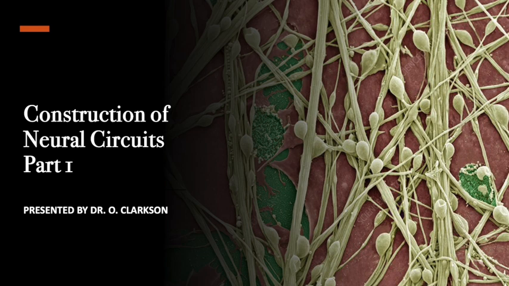Then as it goes back down to the G2 phase, it moves down into the ventricular surface again near the lumen. Then you have the completion of mitosis. That's all taking place within the developing brain, the cerebellum, as well as parts of the cerebral cortex too.